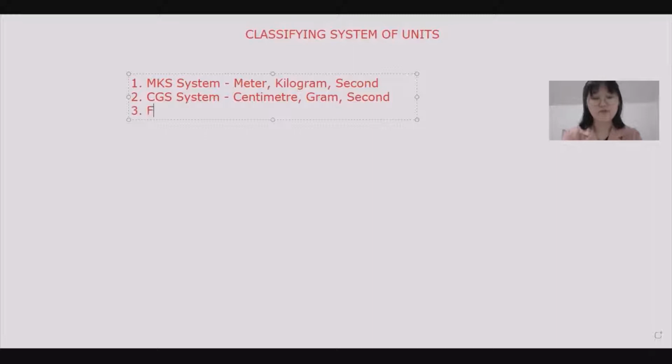And the third one is the FPS system. In this system, it stands for foot, pounds, and second.